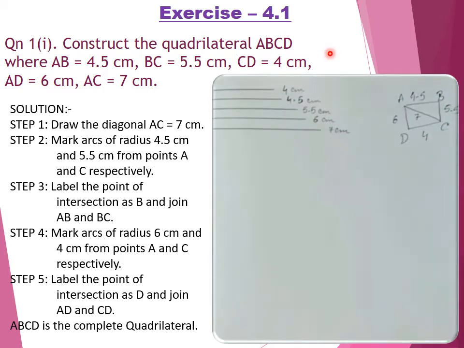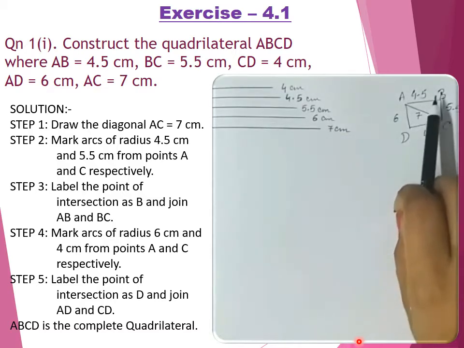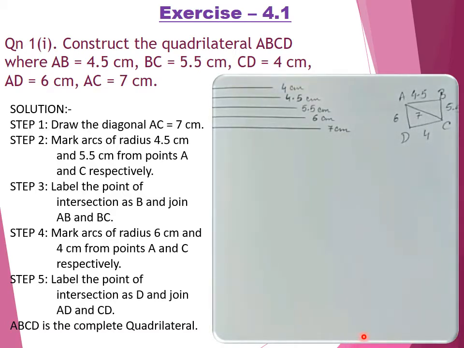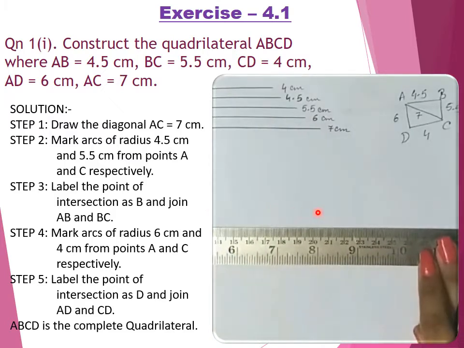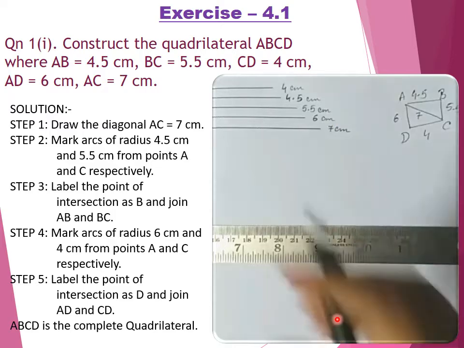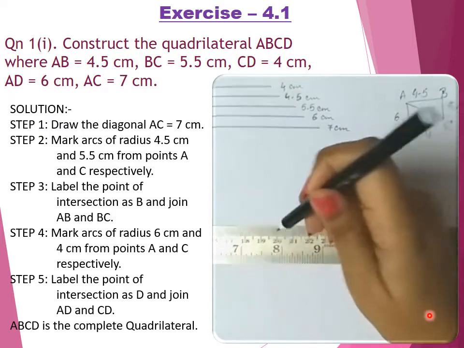So what we can see is we have a combination of two triangles where all the sides of both the triangles are given. So to construct this, first we have to draw a straight line with respect to the quadrilateral's diagonal.